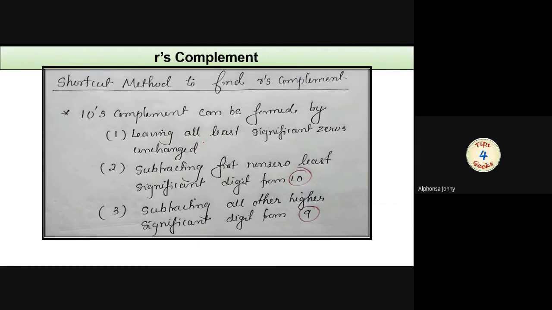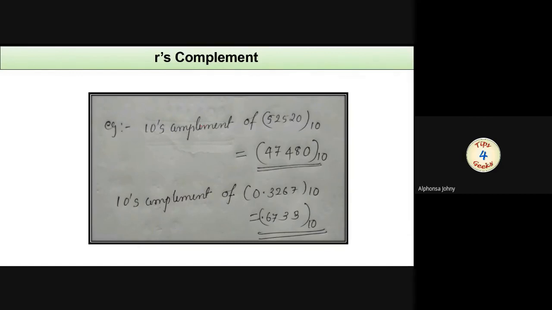I will explain with an example. We will see the computation of the tens complement using the shortcut method. The least significant digit is 0, so the zeros in the least significant positions are copied to the result as they are. The first non-zero digit is 2. So 0 is copied to the result as 0 itself.